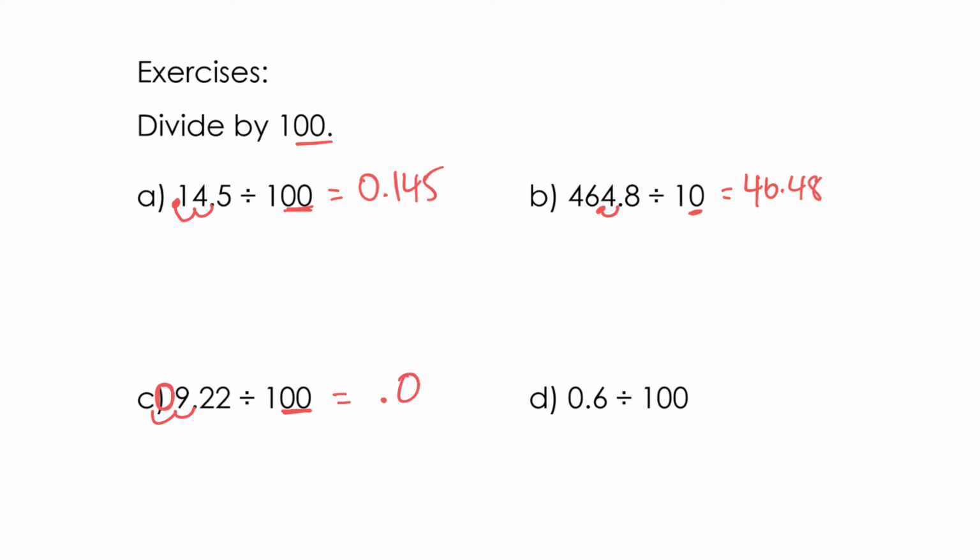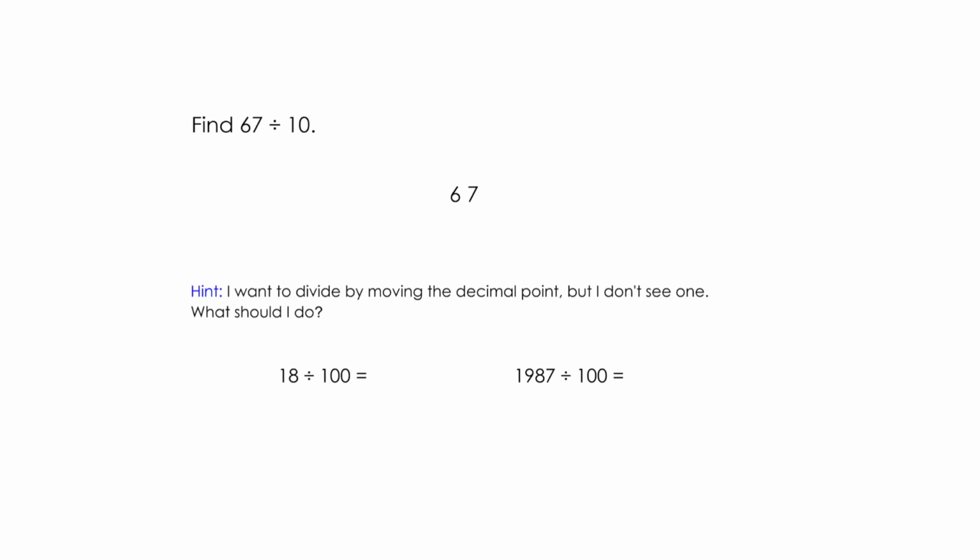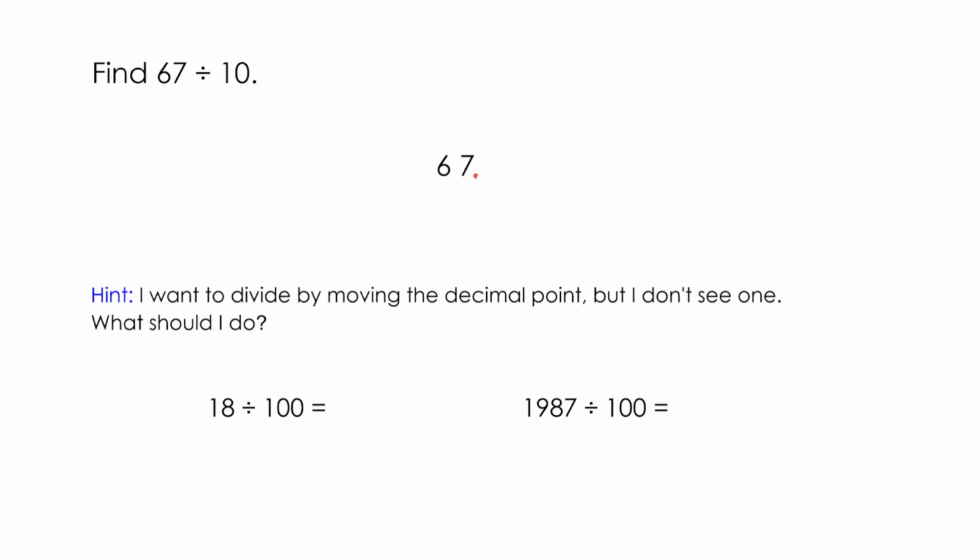So the answer looks like this, and then you put the 0 in the front. 2 spots here, 1, 2, put a 0 there, so decimal 0.06, and you put a 0 in the front. If you do this on a calculator, you're going to get this. So we have the number 67 and we divide it by 10. There's no decimal here. The decimal is actually hidden at the end. So when you divide it by 10 and you move it to the left, the answer is 6.7.